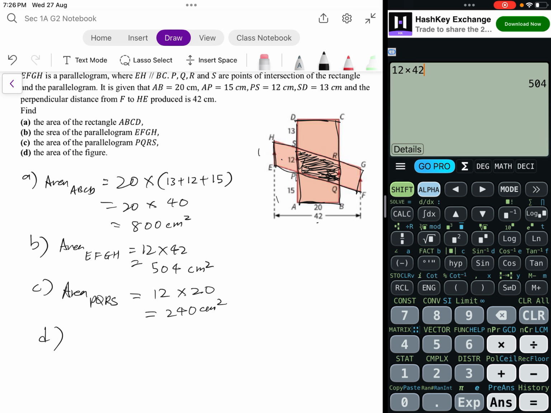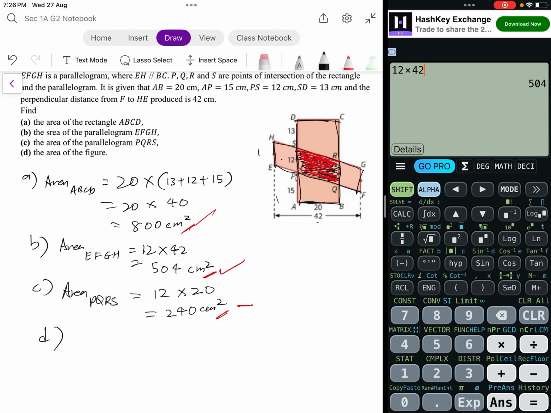So what am I going to do? The question is actually leading you to the answer because you found already all the different areas. You even found the area of the small overlap, the parallelogram that overlaps. So you just need to add this plus this minus this.